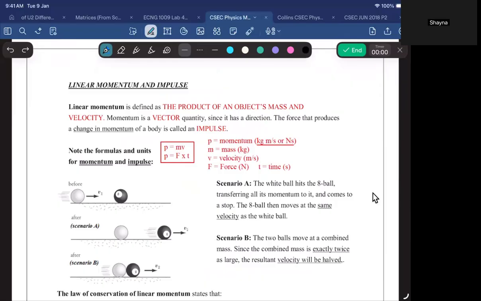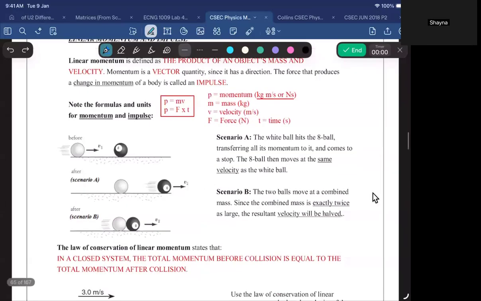The force that produces a change in momentum of your body is called an impulse. Please remember that. Sometimes they ask you what impulse is, and everybody will remember momentum, but nobody would remember what impulse is. Please remember what impulse is. Impulse is change in momentum. So note the formulas and units for momentum and impulse.